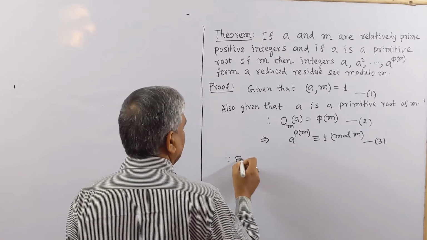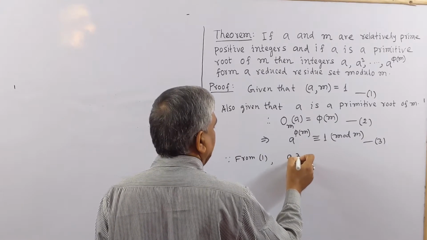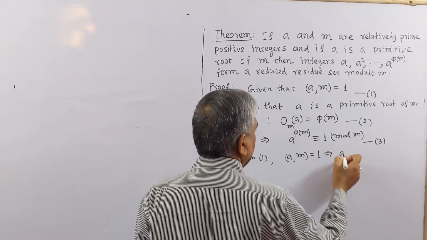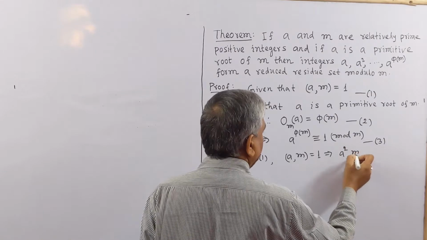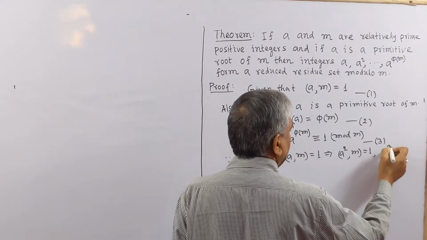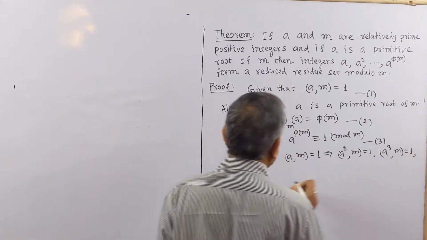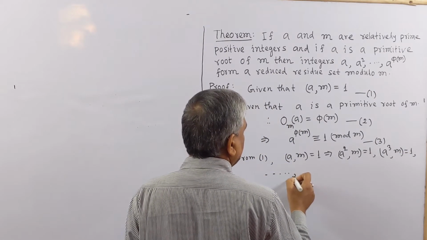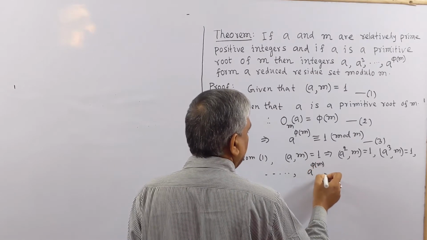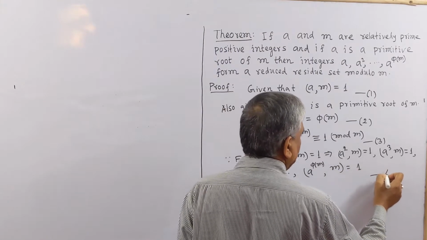Since from 1, GCD of a and m equal to 1 implies that GCD of a square and m equal to 1, GCD of a cube and m equal to 1, comma, GCD of a to the power phi m and m equal to 1. This is number 4.